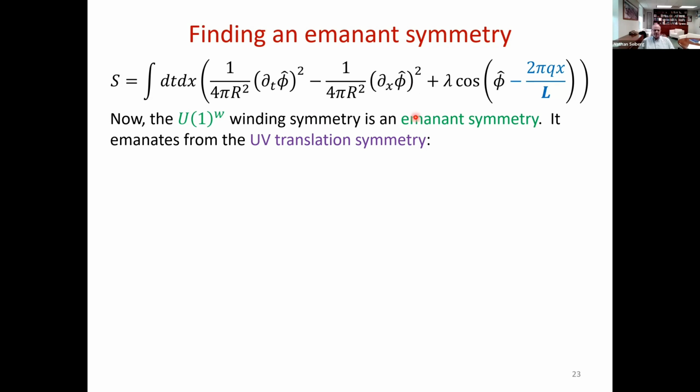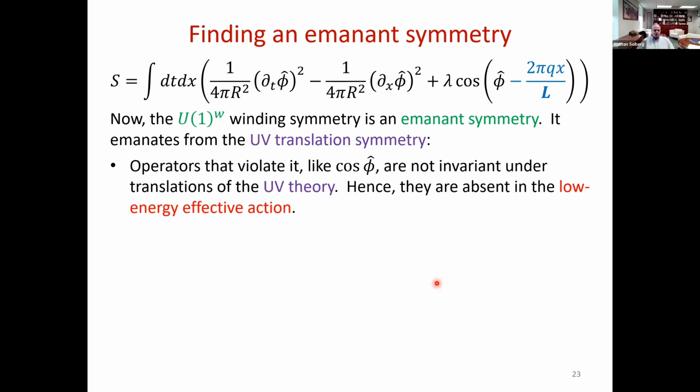In terms of the phi hat variables, translation shifts x and shifts phi hat by a constant, such that this is invariant, this is invariant, this is invariant. So the UV person says translation shifts x and shifts phi hat by a constant. The IR person says I shouldn't shift phi hat. For me, translation shifts x and does not shift phi hat. And this operator violates that symmetry.